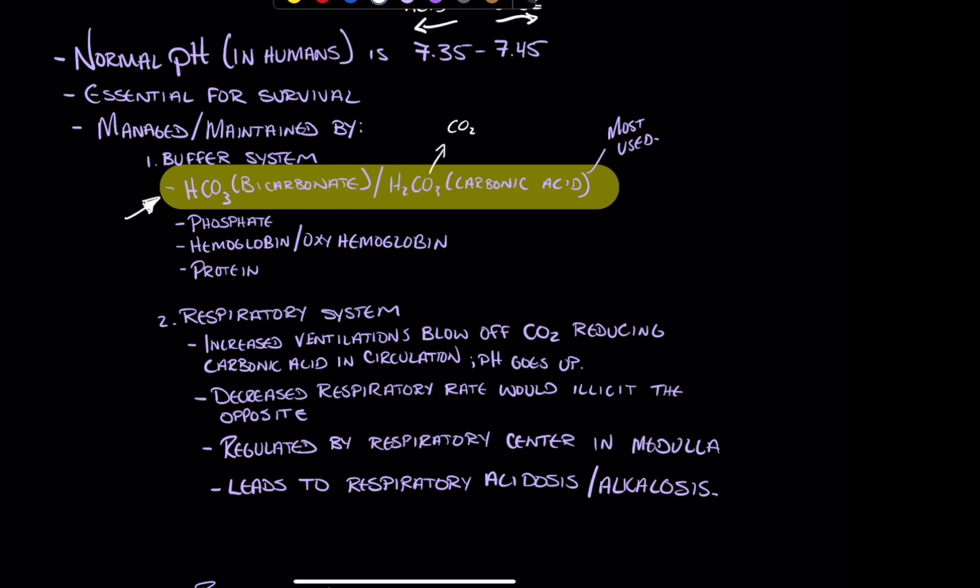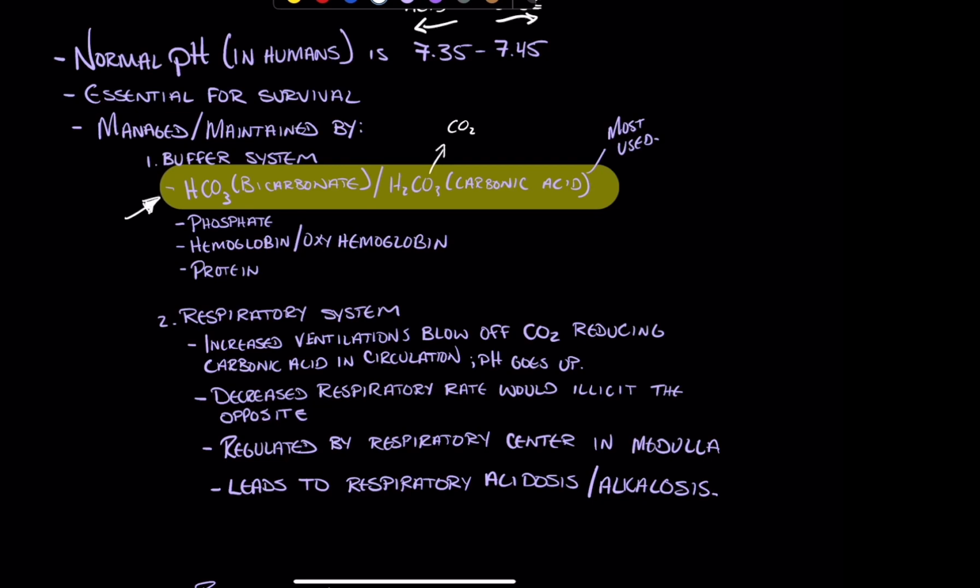So you can see here that this compound, or this buffer, is actually used to hold on to some of the carbon dioxide, and it allows some of it to stay in our blood system without it being just free floating carbon dioxide.